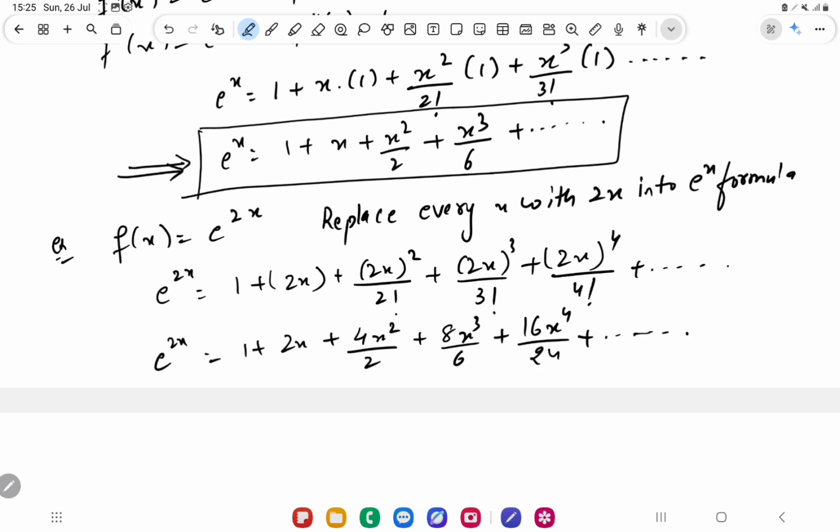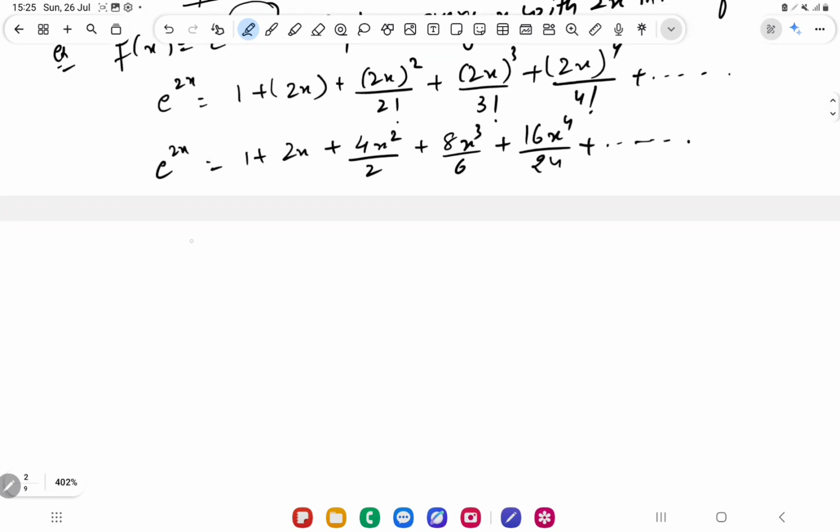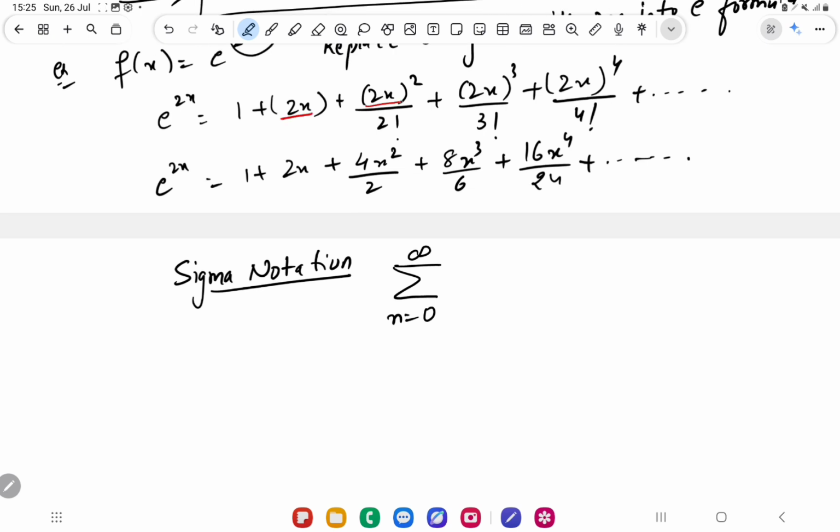So this is how we can expand any function. We just have to replace x with whatever is given to us in the function. Now if I want to write in sigma notation for the same one, I will write summation. My n always starts from 0 and it will go towards infinity. So if you can see here, it was 2x, then 2x squared, then 2x cubed, then 2x to the power 4.